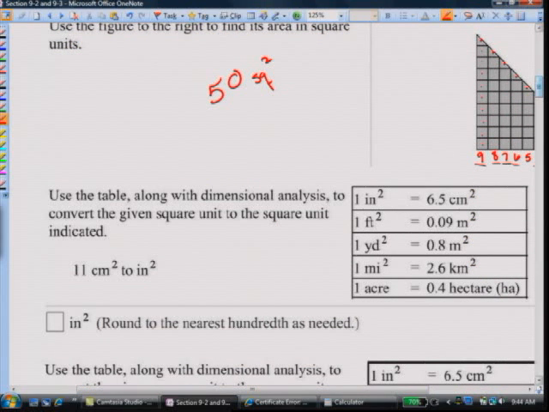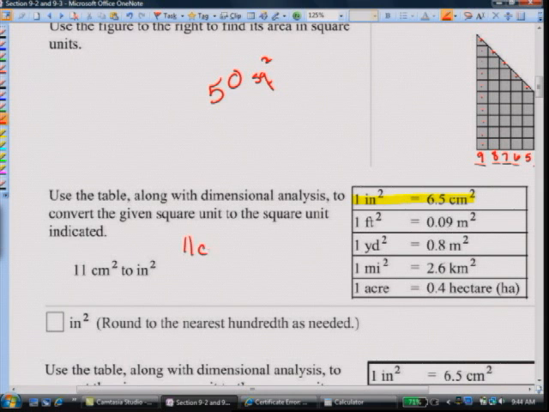We have a relationship to let you know how a square centimeter compares to a square inch, and so they give you this conversion: 1 inch squared is equal to 6.5 centimeters squared. So if we want to convert 11 centimeters squared to inches squared, we'll use our unit multiplier technique.